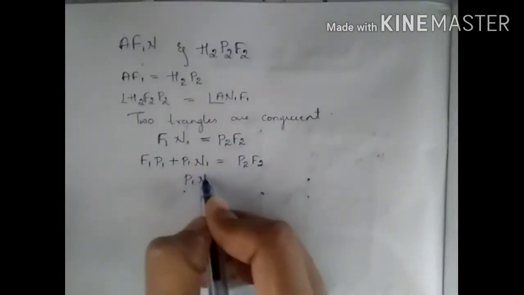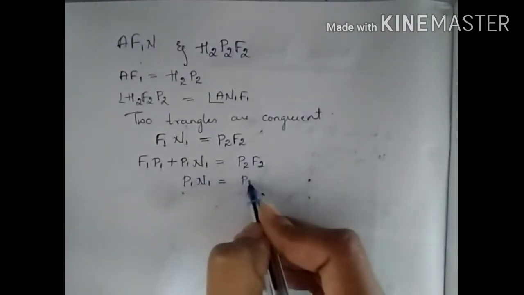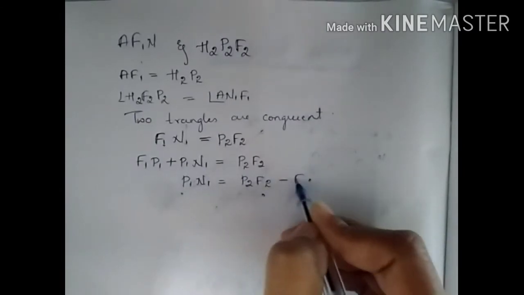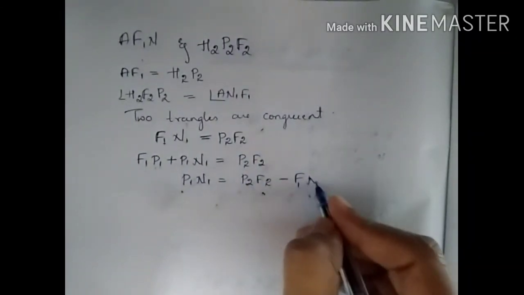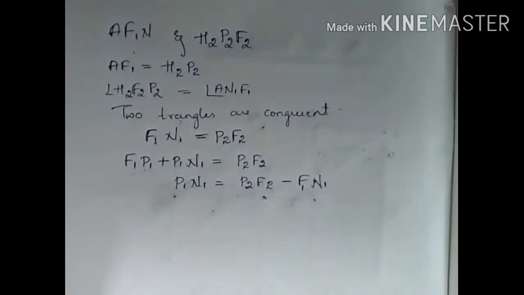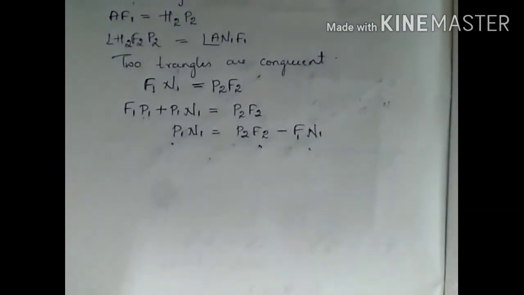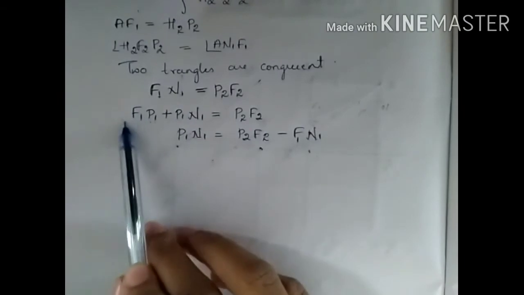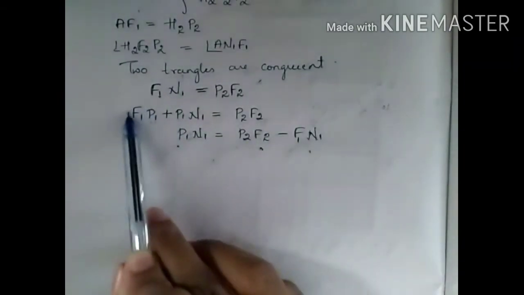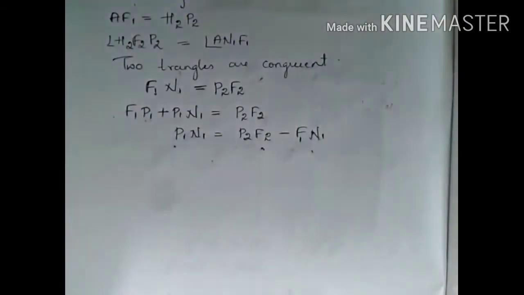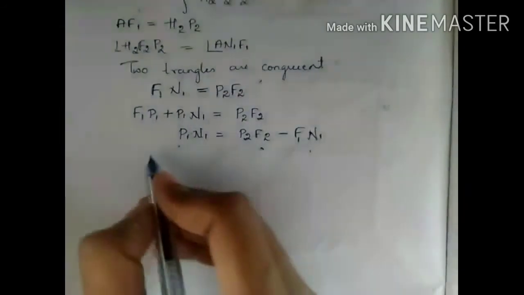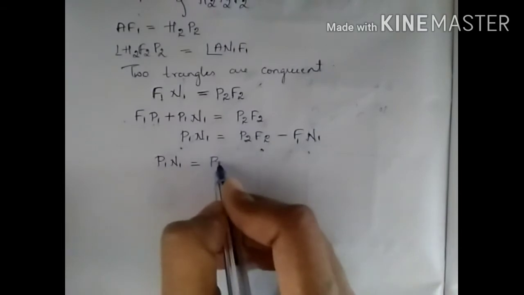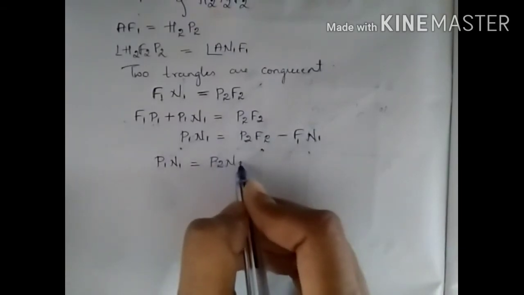Now P1N1 is equal to P2F2 minus this term F1N1. So what are we doing here? We are just taking the first term to the right hand side since it is plus here. So if this term goes to the left hand side, that becomes minus. We also know that P1N1 is equal to P2N2 from the diagram again.